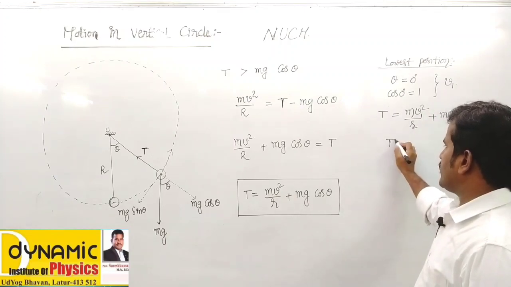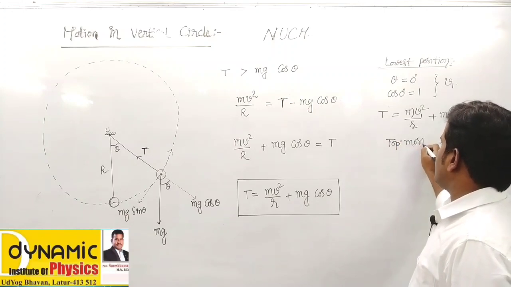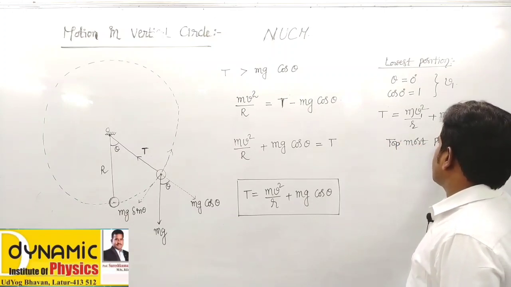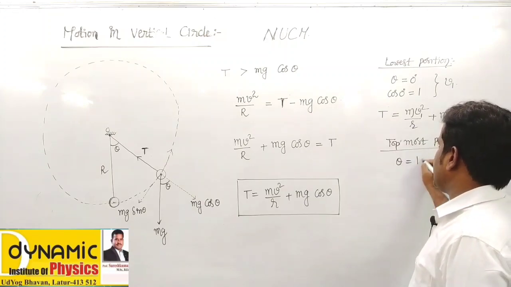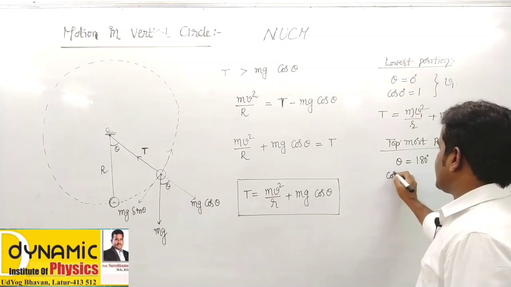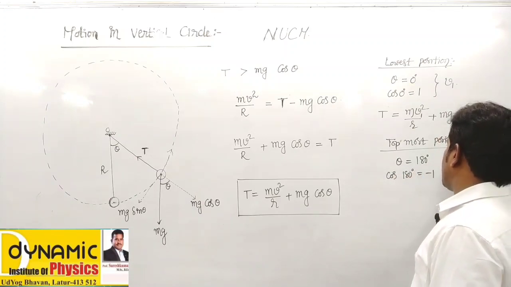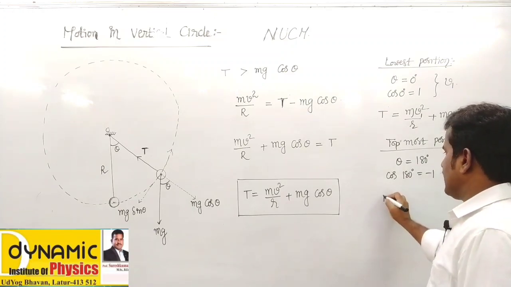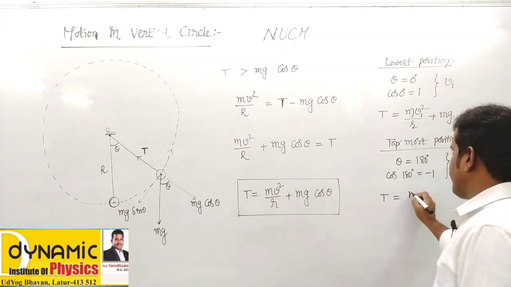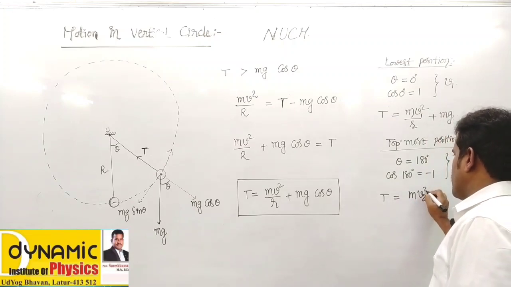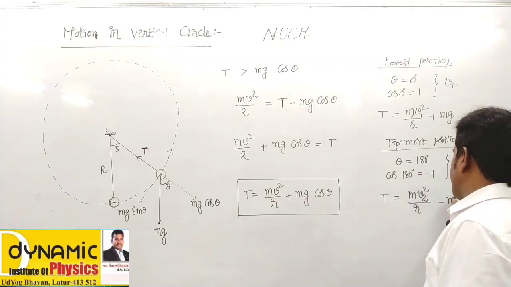Suppose the topmost position: what is the tension? At the topmost position, theta becomes 180 degrees, and cos 180 becomes -1. Here the velocity is v2, so the tension is mv2 square upon r minus mg.